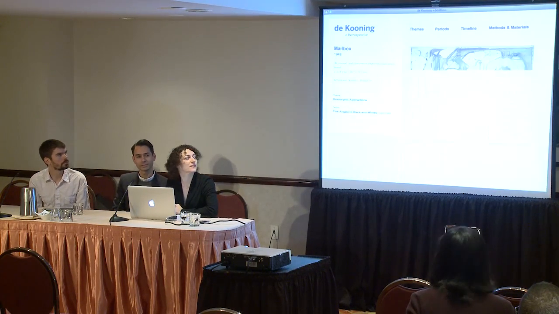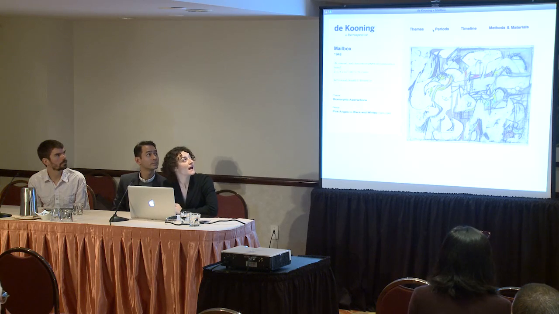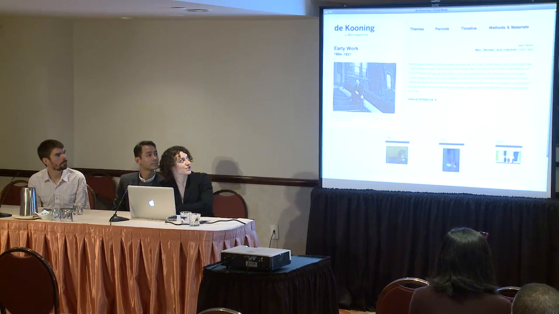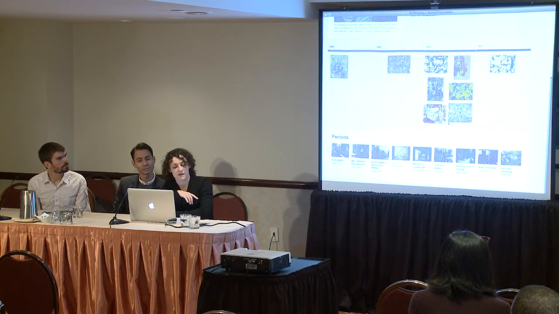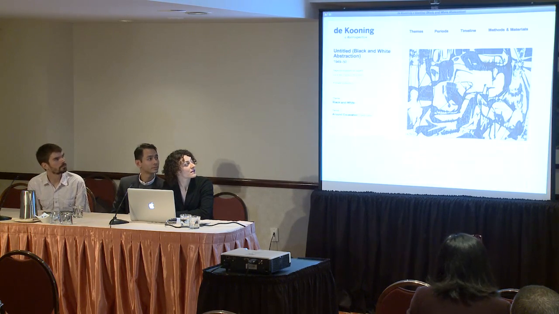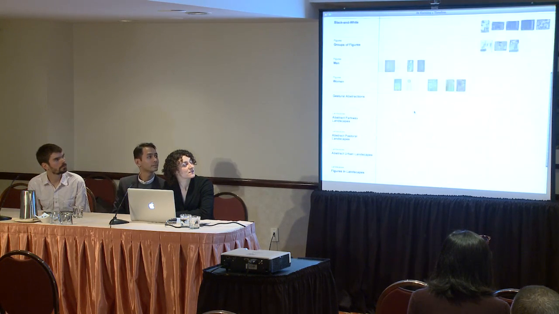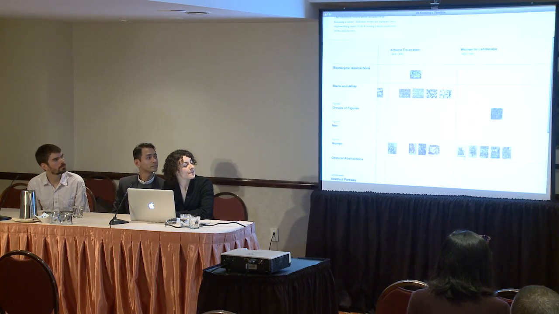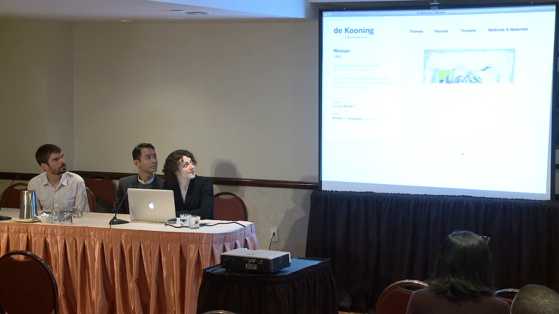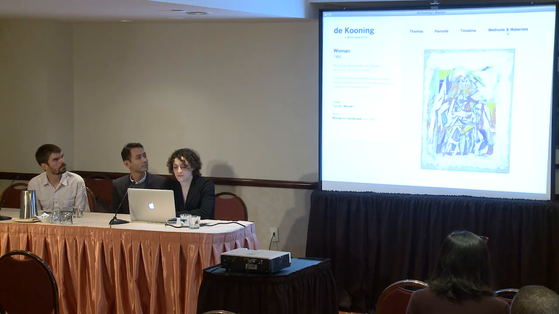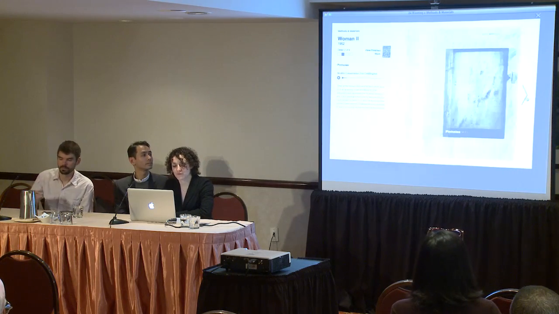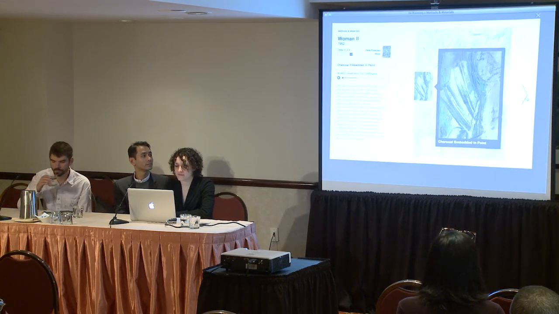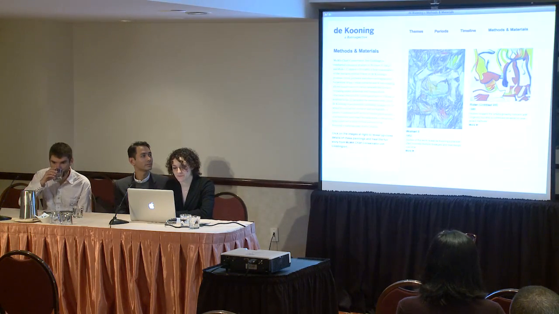We did a site for the de Kooning retrospective, and as you can see, the site has much richer content with focus on themes, timeline, and a focus on methods and materials. So in some ways, as the programming, the site has followed the development and life of the artist.